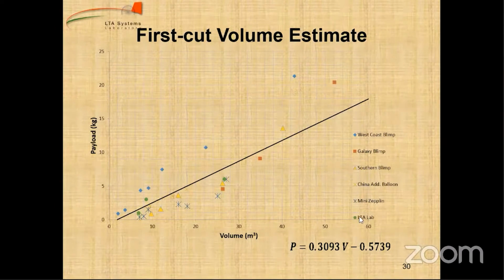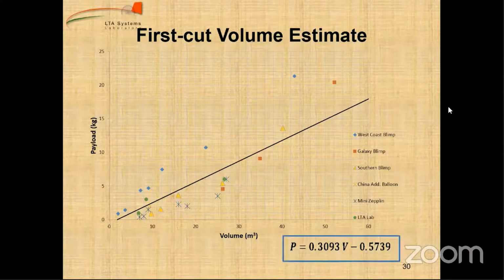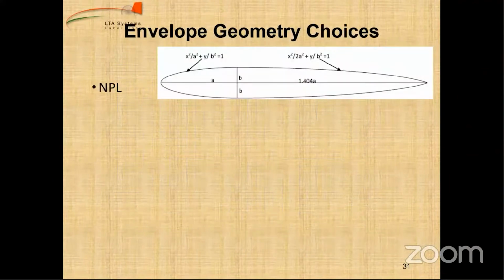In the green circle we have also shown our airships, designed and fabricated in the LTL lab. They also typically follow the same trend line. It is not very specific, but we can get the initial estimate of the volume from this trend line. After that, you will have several choices for the envelope geometry.